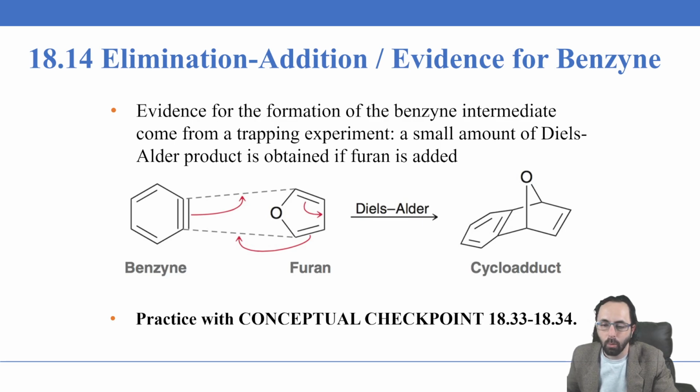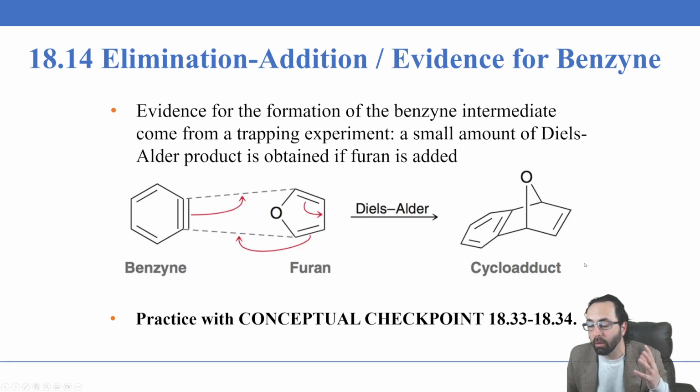What was done here was the introduction of furan into a reaction in which the benzyne intermediate was produced by one of these reactions. And we know that if we have these pi bonds with the dienes, we know from chapter 16 that this can undergo a Diels-Alder cycloaddition reaction, and this produces a stable cycloadduct.